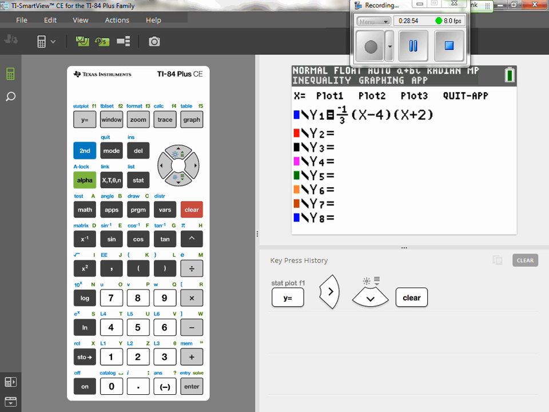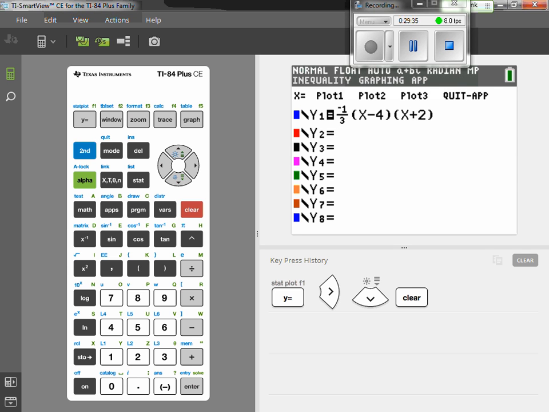Alpha y equals enter, we'll do fractions. How do you put a fraction? Alpha y equals enter. Okay, once you finish typing, there you go.